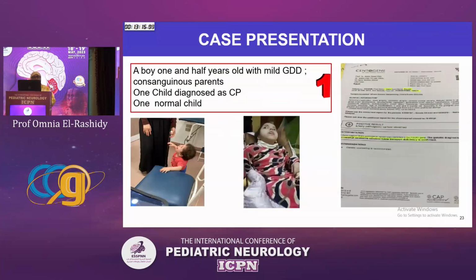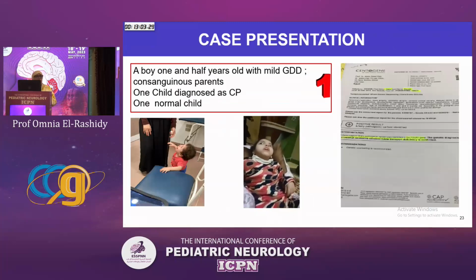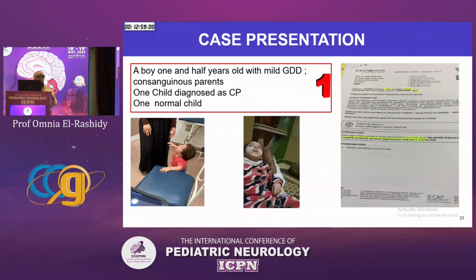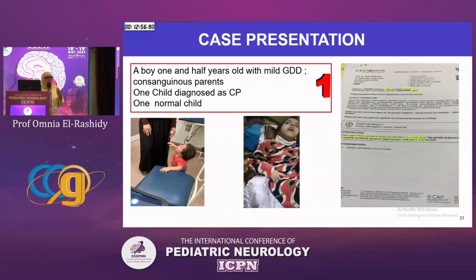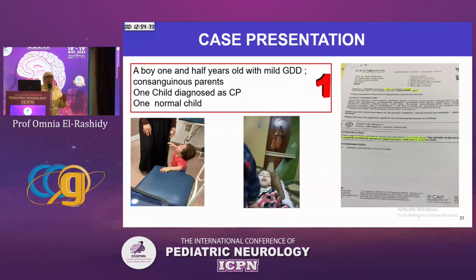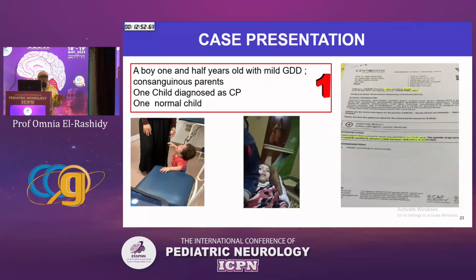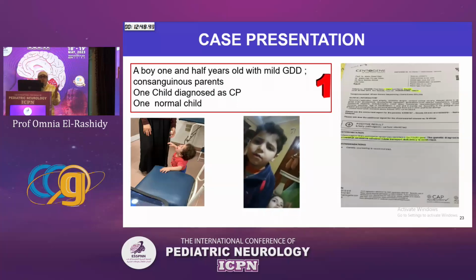Okay, this is a boy of 1.5 years old with mild global developmental delay. He has a sister. They were consanguineous parents. The mother told me she has CP, and she knows CP, it was a difficult labor, and she has CP and uncontrolled epilepsy, and she's completely different from my boy.